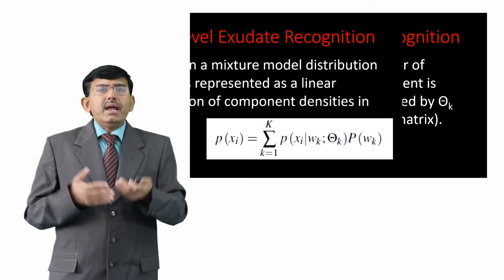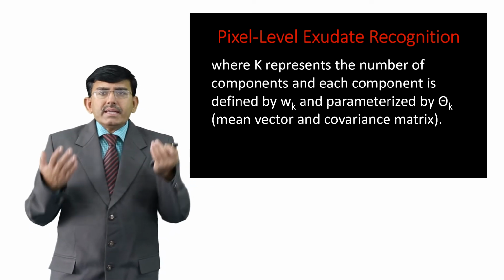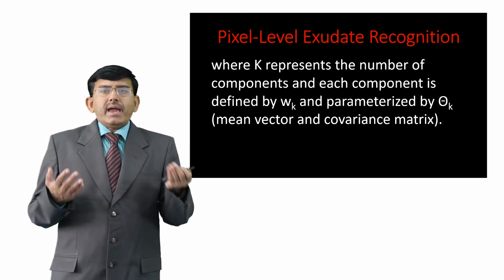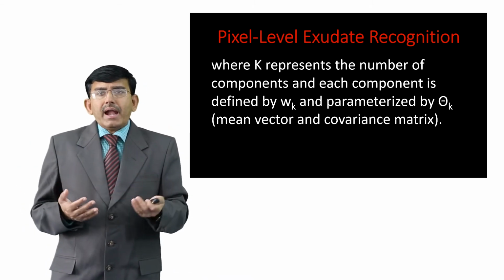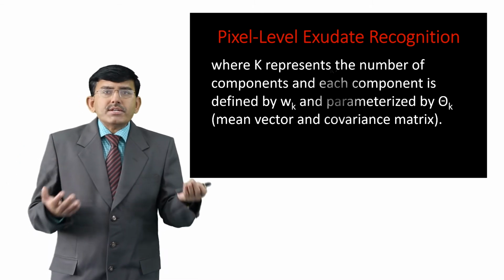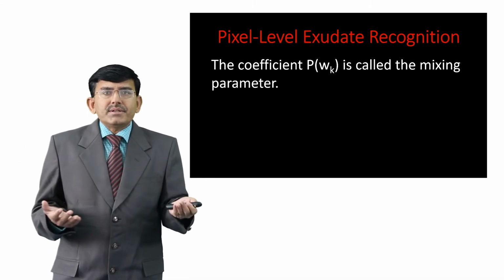In this formula, k represents the number of components, and each component is defined by wk and parameterized by a mean vector and covariance matrix. The coefficients, probability of wk, are called the mixing parameters.